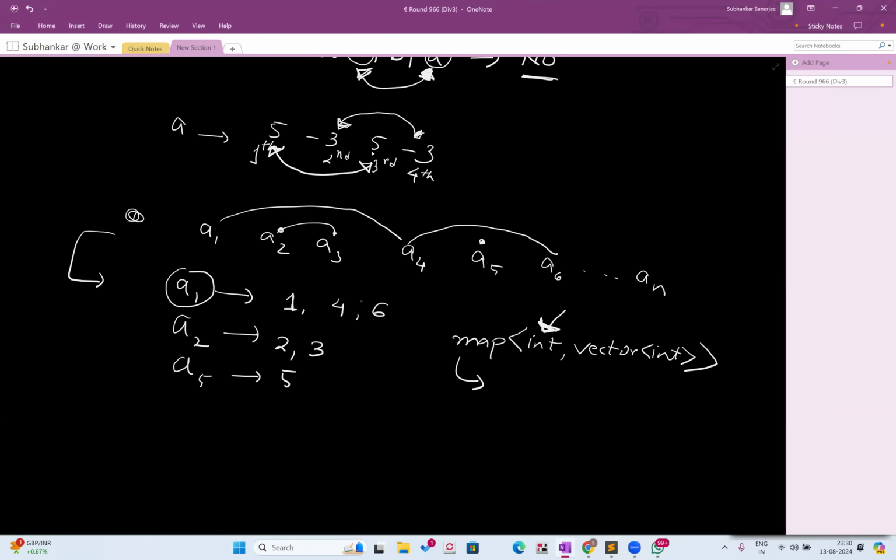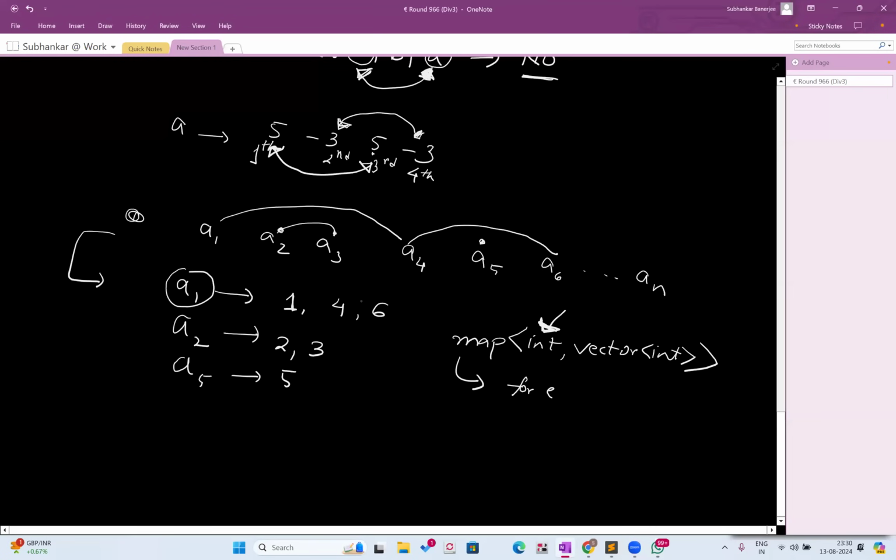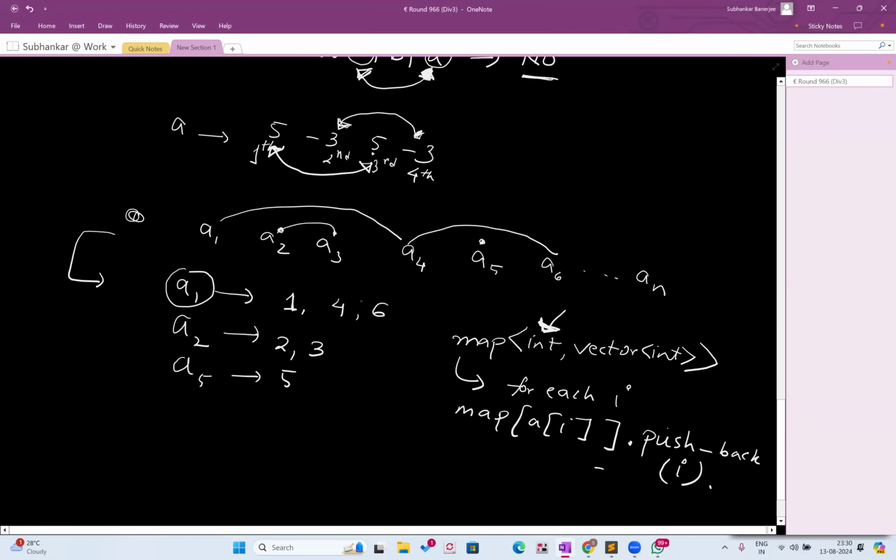So for each i, let me write the algorithm as well. Suppose this map, this A[i] value is occurring at the ith index.